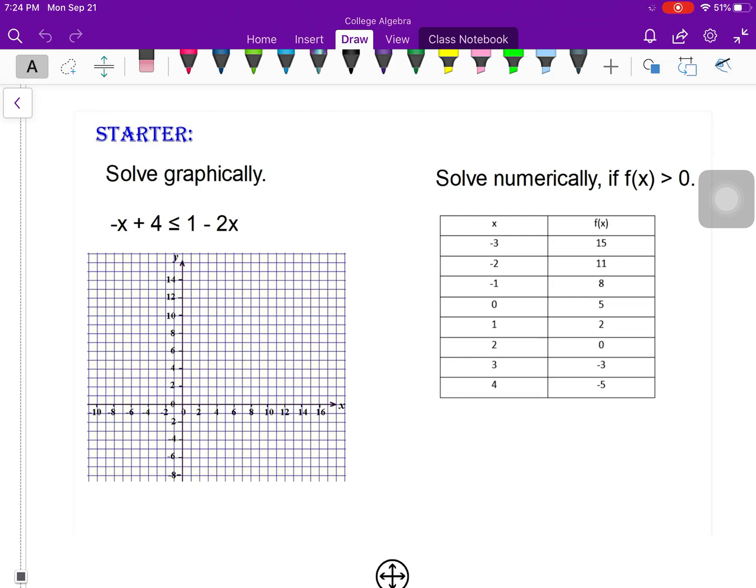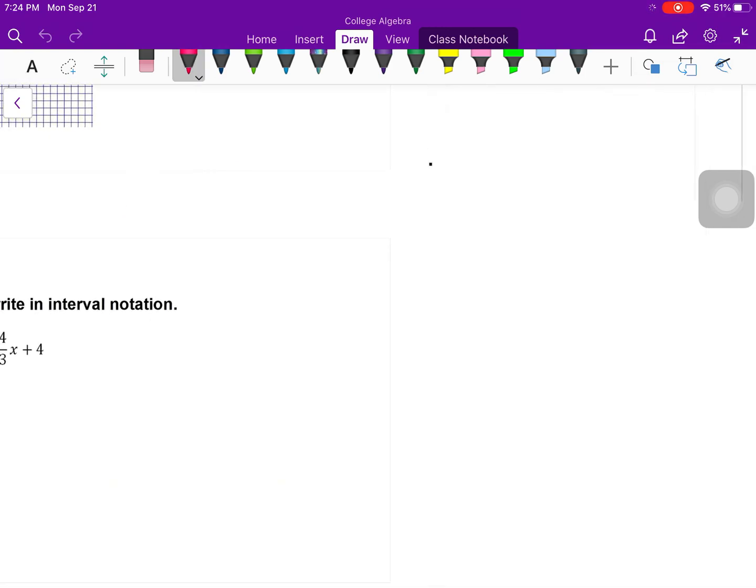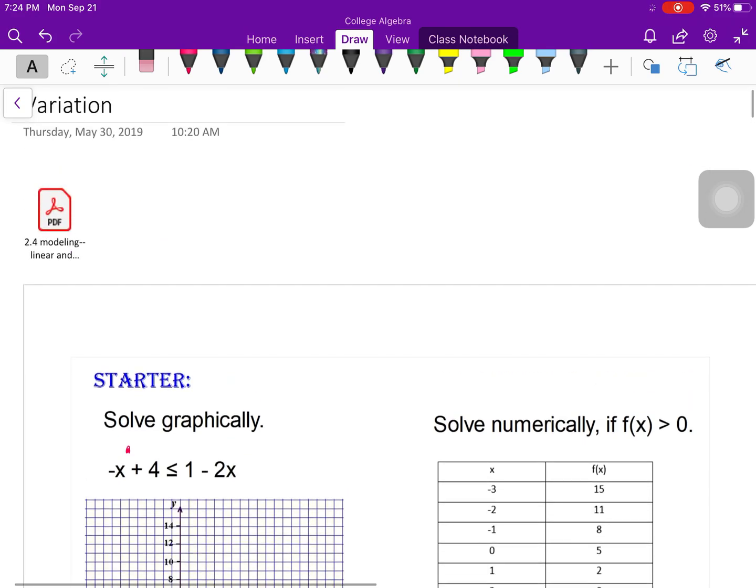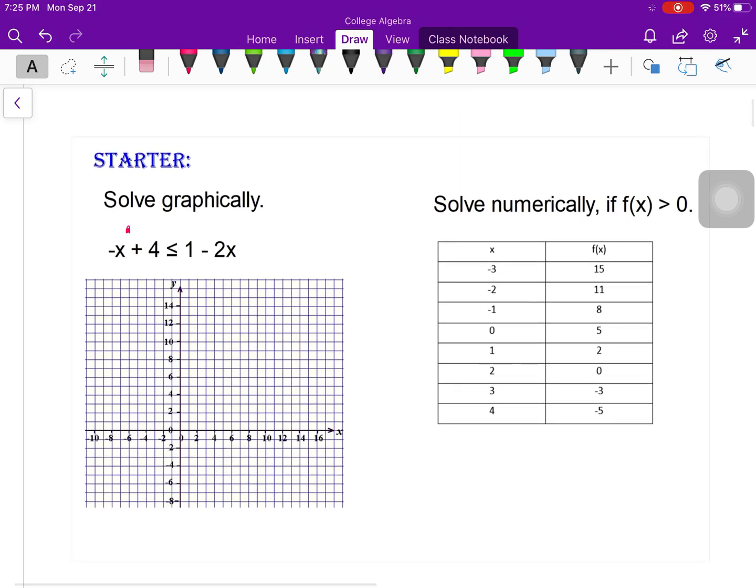So I'm going to do this first one in red. Across is at 4, up 1, left 1, down 1, right 1.